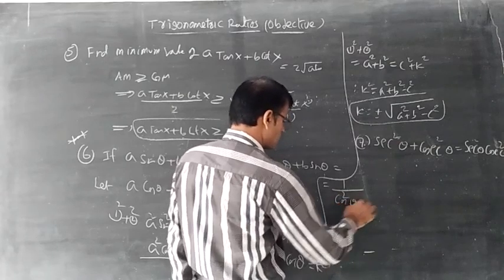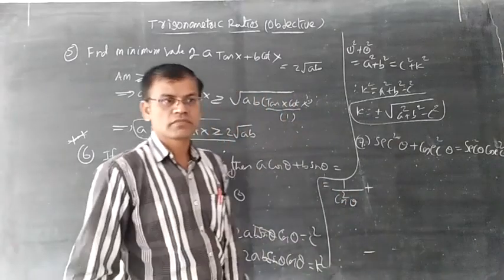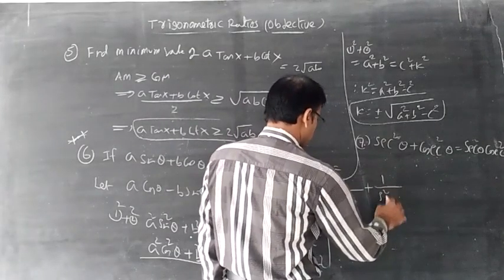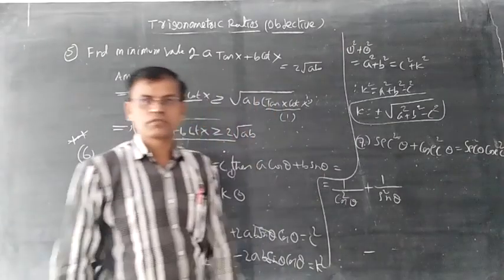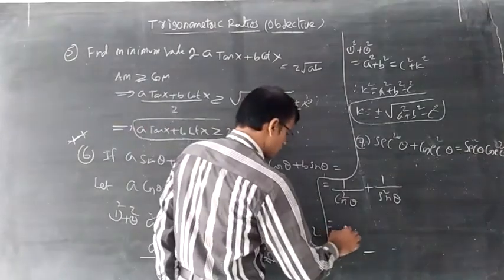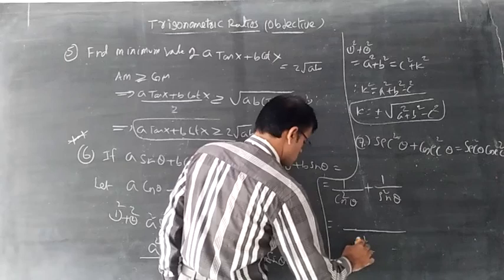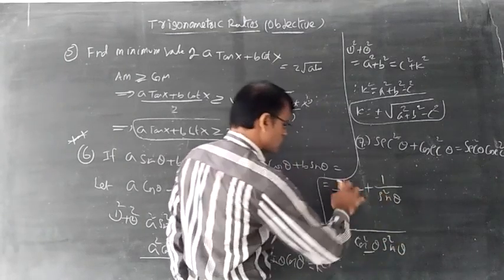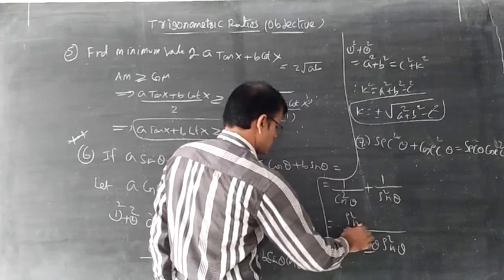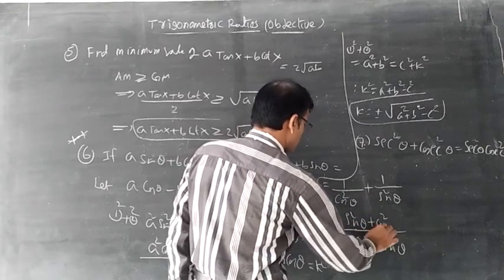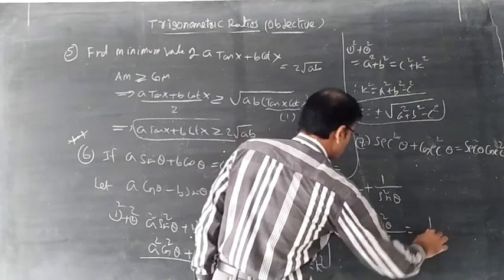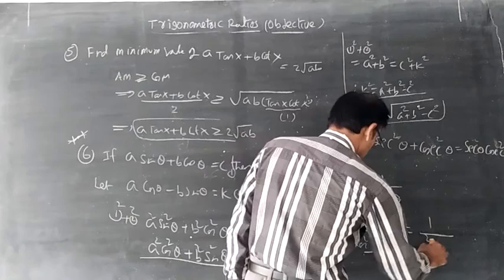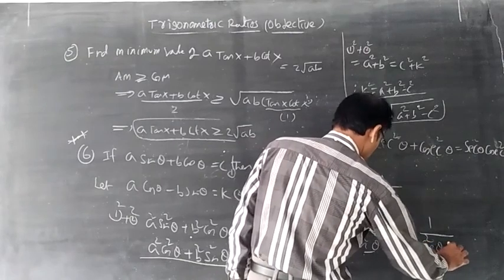Secant square theta can be understood as 1 by cos square theta, plus cosecant square theta can be understood as 1 by sin square theta. Take LCM. So the LCM you will get is cos square theta into sin square theta. On the numerator, sin square theta plus cos square theta. We know that sin square theta plus cos square theta is 1, formula 1.